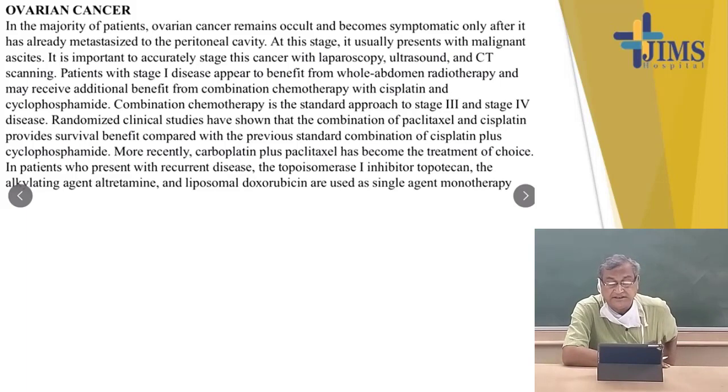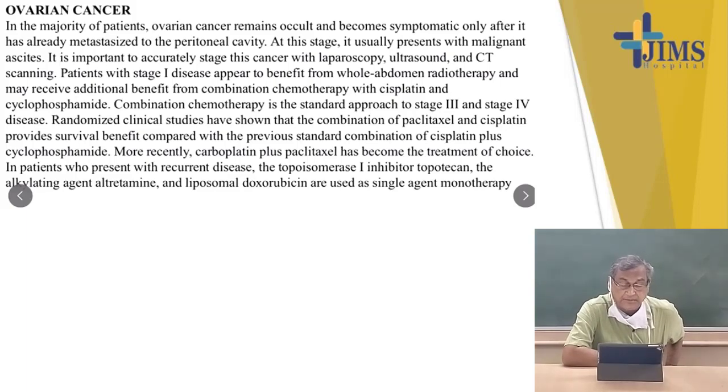Patients with stage 1 disease appear to benefit from whole abdomen radiotherapy and may receive additional benefit from combination chemotherapy with cisplatin and cyclophosphamide. Combination chemotherapy is the standard approach to stage 3 and stage 4 disease. Randomized clinical studies have shown that the combination of paclitaxel and cisplatin provides survival benefit compared with the previous standard combination of cisplatin plus cyclophosphamide.